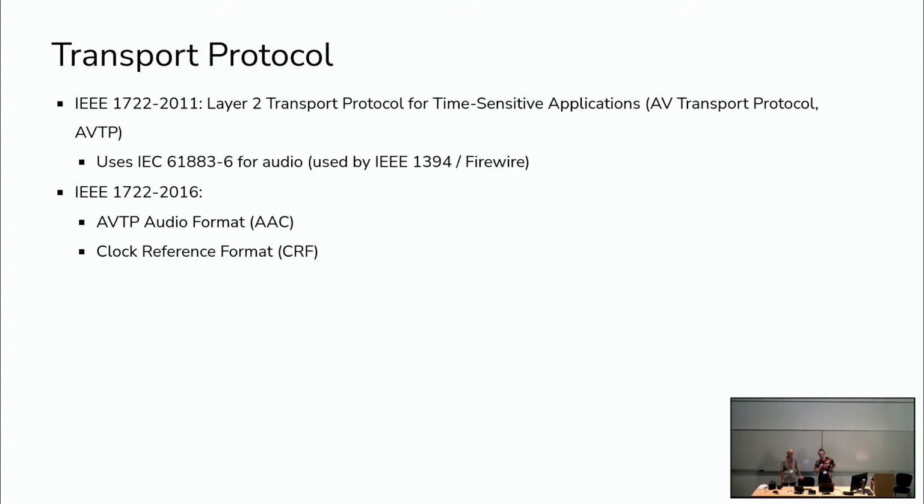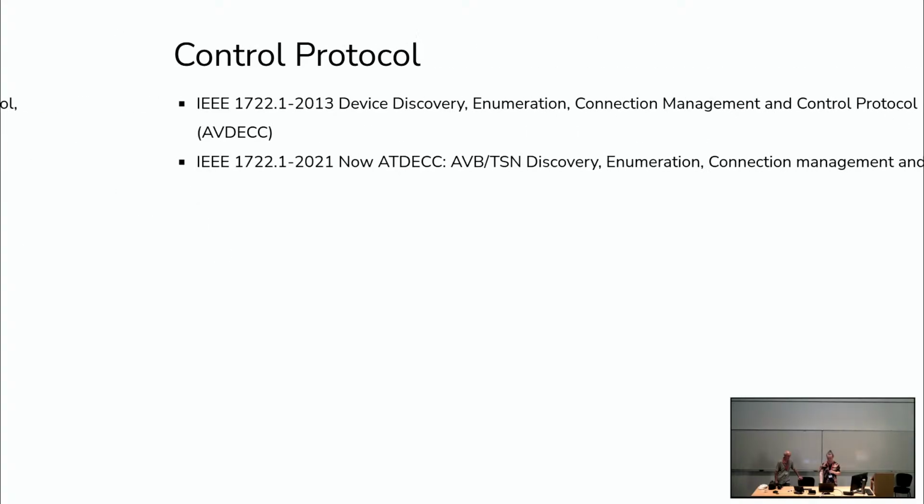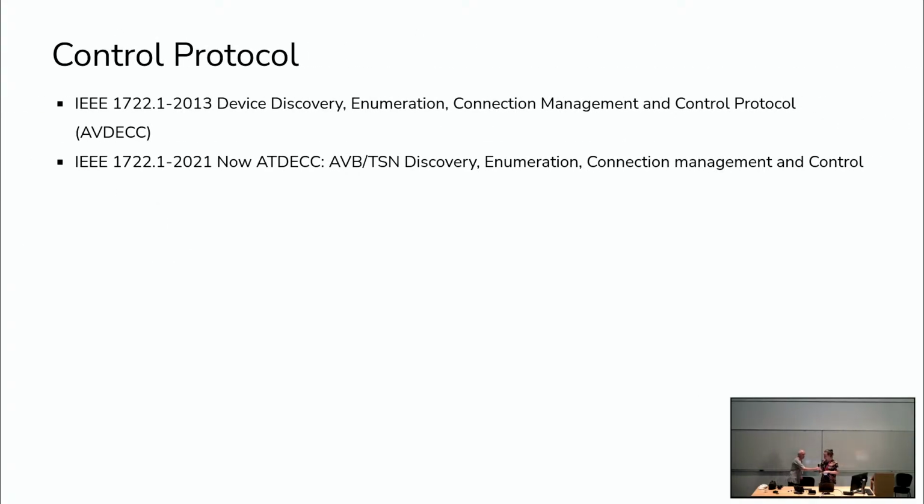In 2016, they introduced the AAF format and also the clock reference format. So there are small packets that are sent for the media clock synchronization. And Milan is using the new format. This is just how to pack samples into packets.